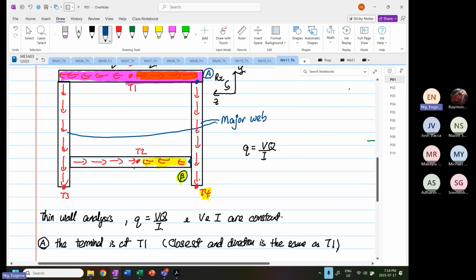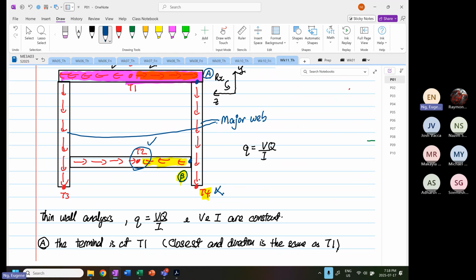If that's the case, we have to use T2, and we don't use T4 because at T4 the shear flow is running vertically. Can you all see that? So this is decision making now. The formula is easy: shear flow is VQ over I. V is constant, I is constant. The first moment of area is critical, so that's where we have analysis.